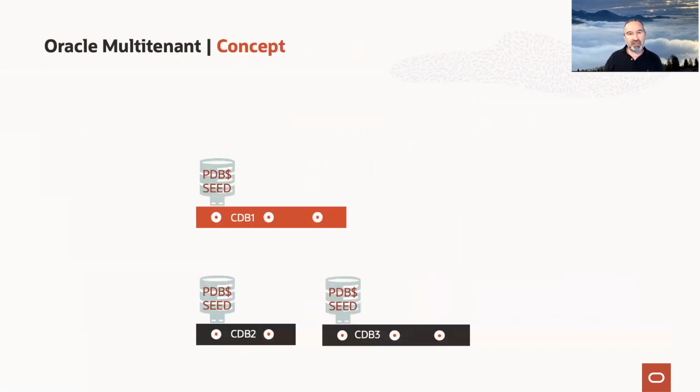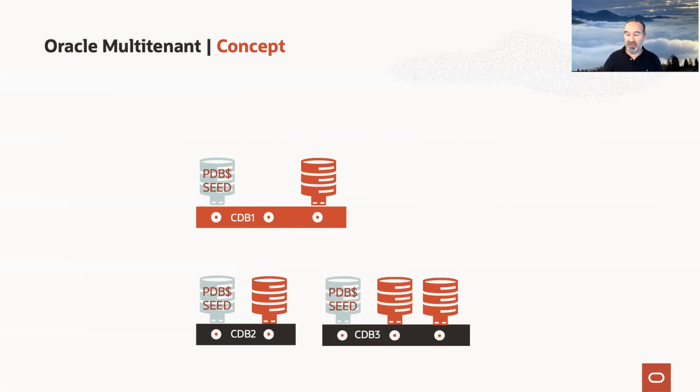Now, the concept of multitenant allows you to create here in the red one simply a new PDB. And this is the reason why the PDB$SEED is there. When we provision a new PDB, it gets cloned from the seed and a few things get added. But you can also take a non-CDB and make it a PDB and plug it in. And once you have that concept, you can also do remote clones, not only local clones, or you can unplug and plug into a different one, or clone over here, another remote clone.